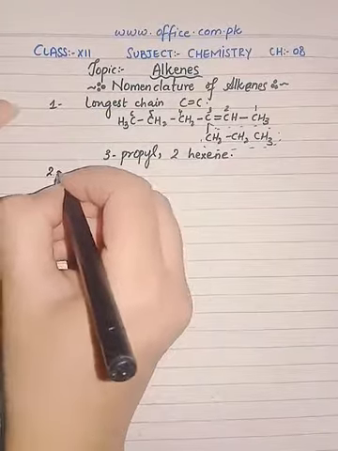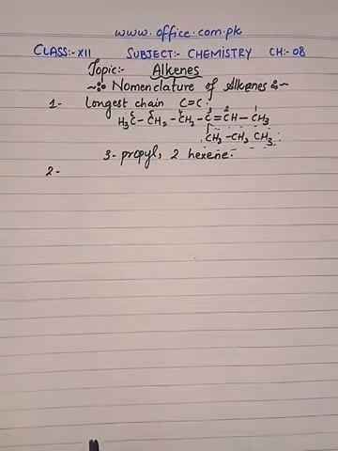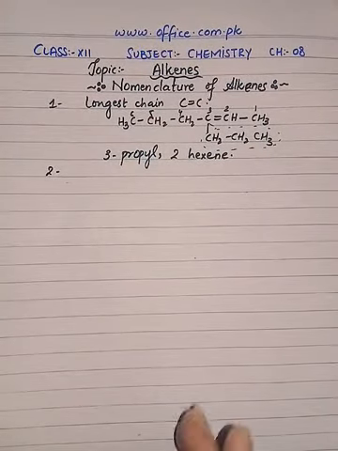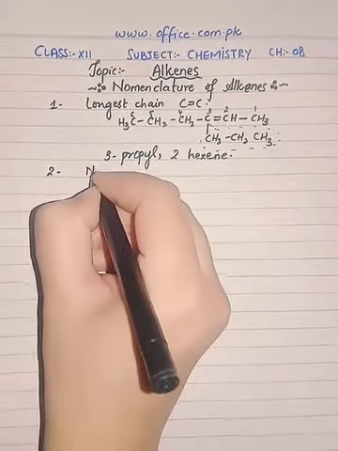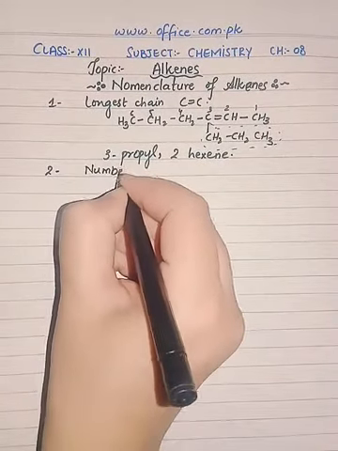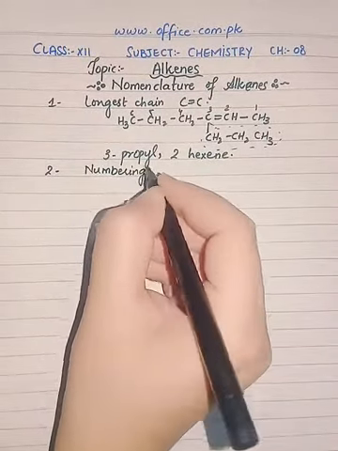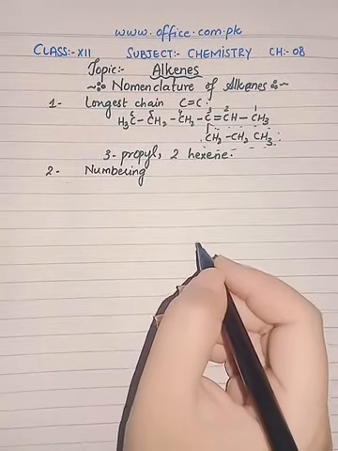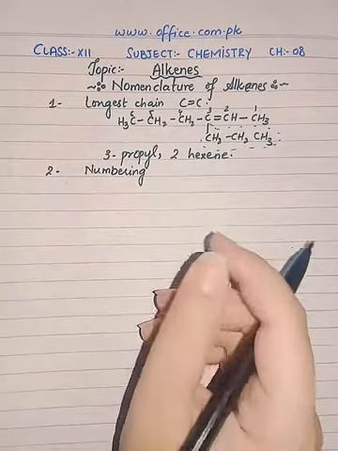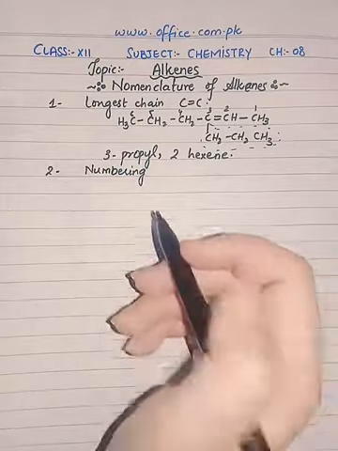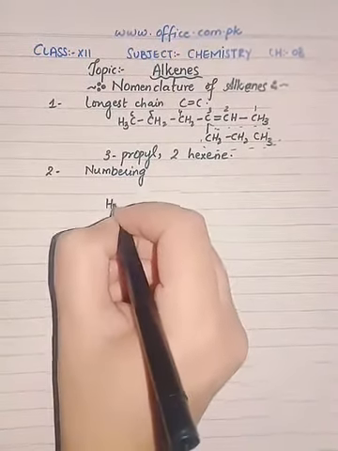Now the second rule is that we will number the chain so that it will include both the carbon atoms that are involved in the double bond, and the numbering will begin from the end that is nearer to the double bond. Here we have an example.